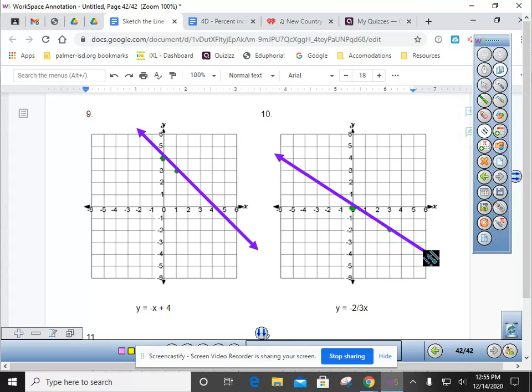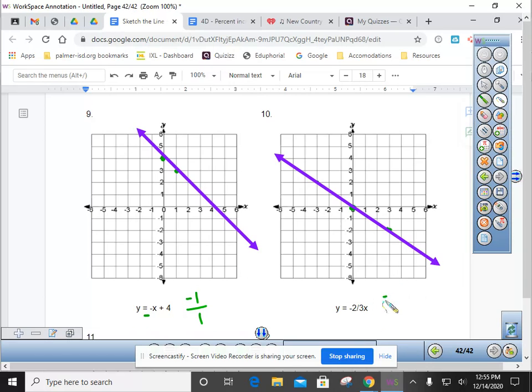There's number 10. Everybody get them right? So that's a no. I'll leave them up there for a minute. What's the slope here on number 9? -1/1. There you go.